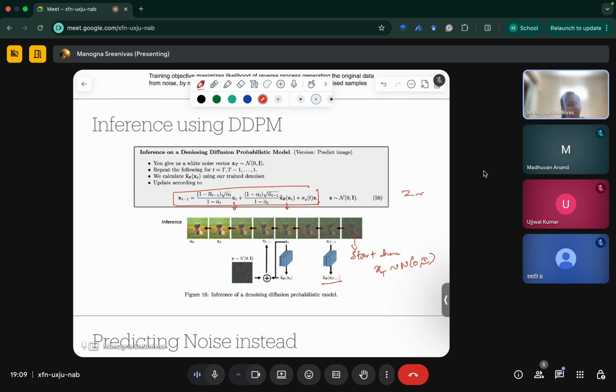So you keep repeating this from the last time step 1000 to 1, and eventually you will get x0, which is a real, fake image generated. You only need a decoder here.